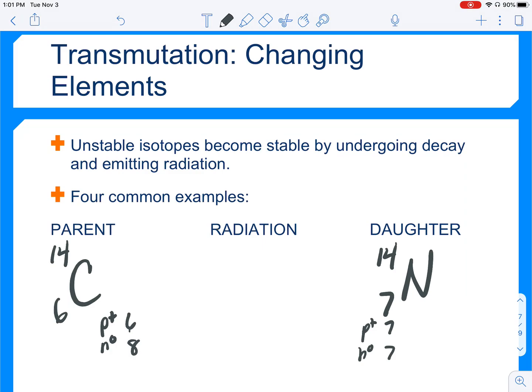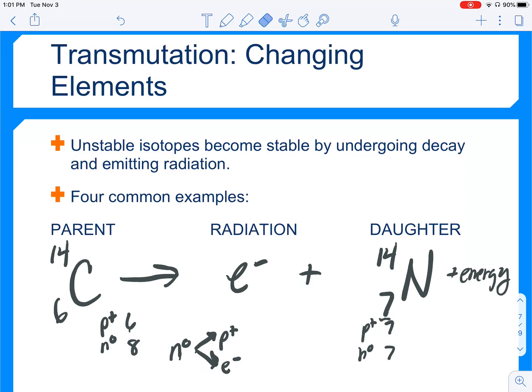So what happened is that neutron, by the one quark flipping its direction, essentially going from up to down, is going to become a proton and an electron. So the proton stays in the nucleus, making it now nitrogen, and the electron gets emitted, again, along with energy.